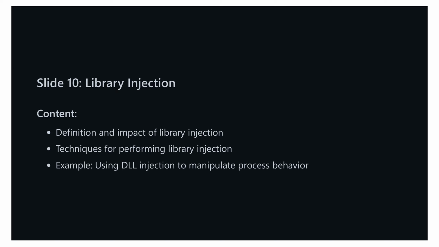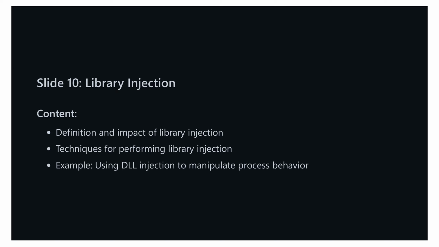One common technique is DLL injection, where a malicious DLL is loaded into the memory space of a target process. This can be achieved through various Windows APIs such as CreateRemoteThread and LoadLibrary. An example of this would be injecting a DLL into a process to alter its functionality, effectively hijacking the process to perform actions desired by the attacker.